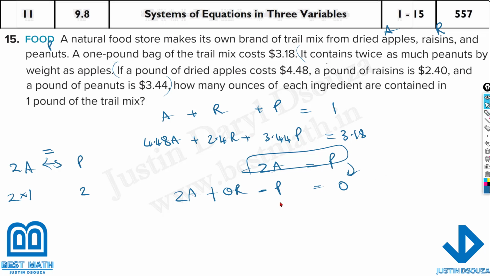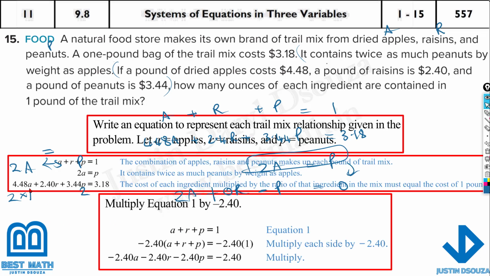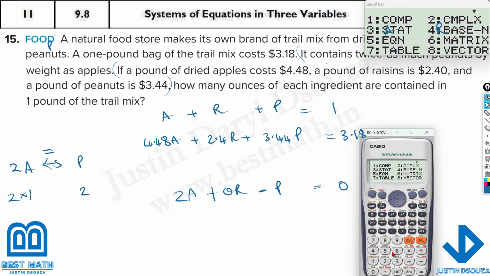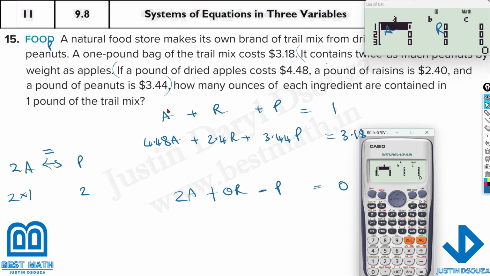I'll solve this in the calculator and show you. And lastly, we had the cost, 4.48, and all this, as we have written. So let me solve this. I'll remove this because we need to have all the variables on one side, constants on the other side, to solve it in the calculator. These are the three equations. In order to solve it, mode 5 and 2, let's type in.